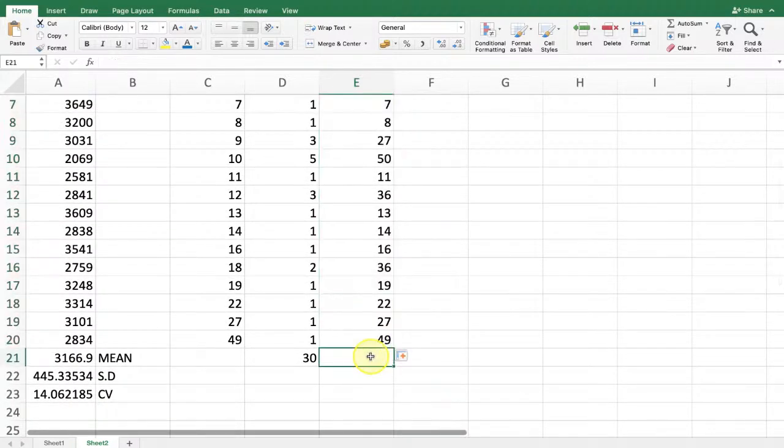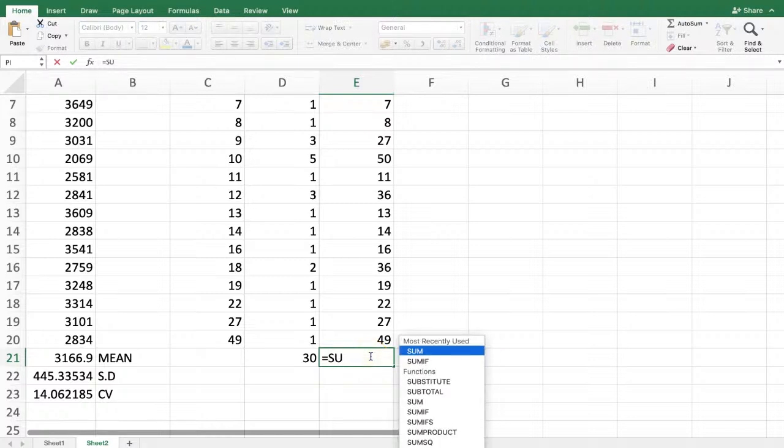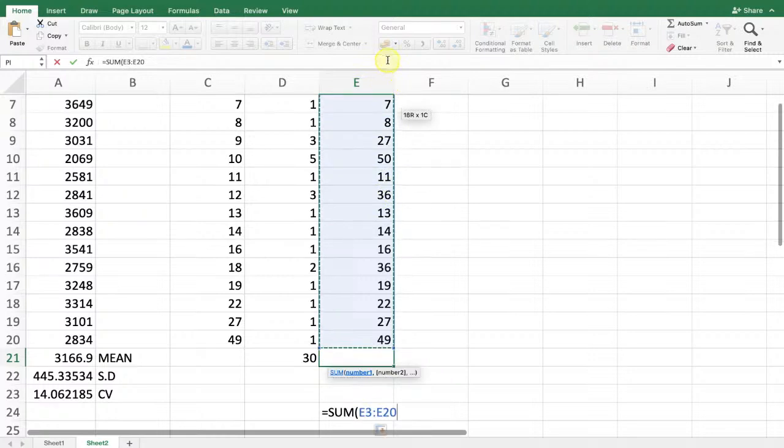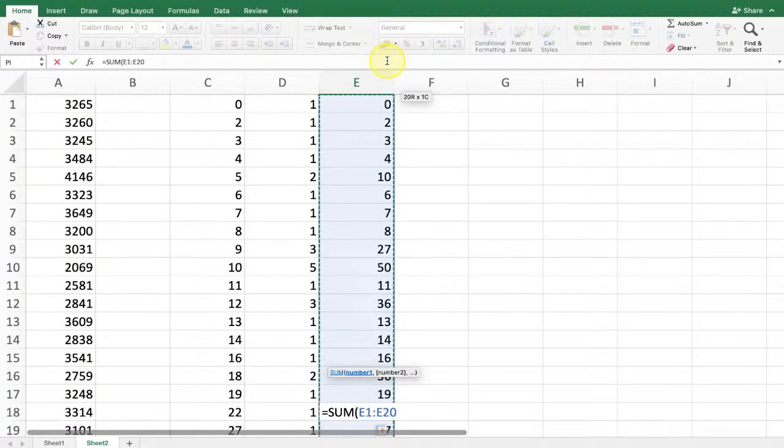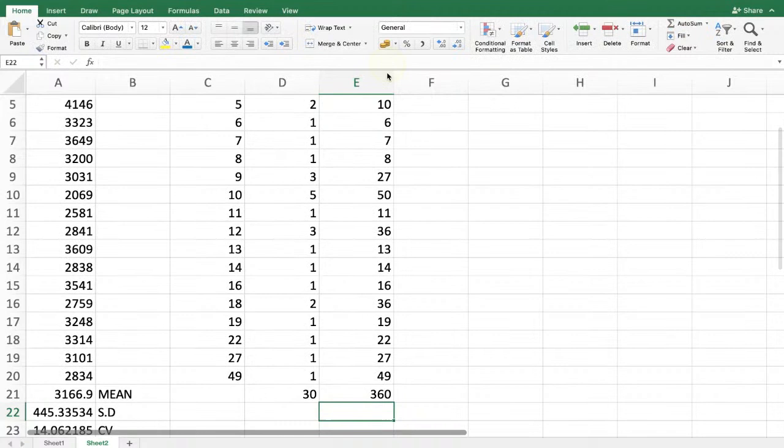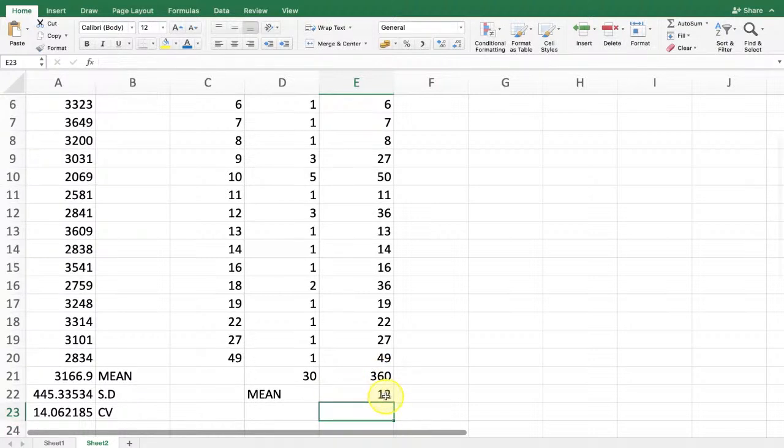Then we get the sum and divide by 30. The mean equals 360 divided by 30, which is 12.